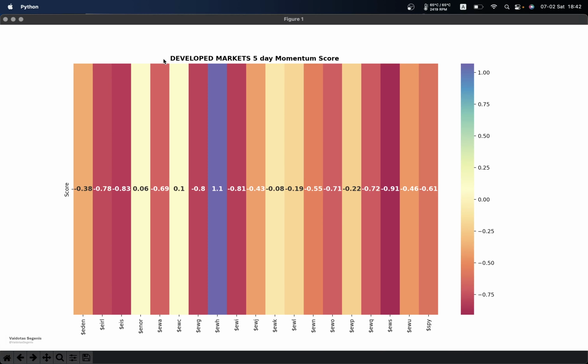Almost everything is negative, at least as I remember. And yeah, this momentum score is not available on MFR for now. I will do my best to tweet as often as I can, but in the future it will be added. So okay, again, what a surprise. EWH 1.1 and EWO negative.